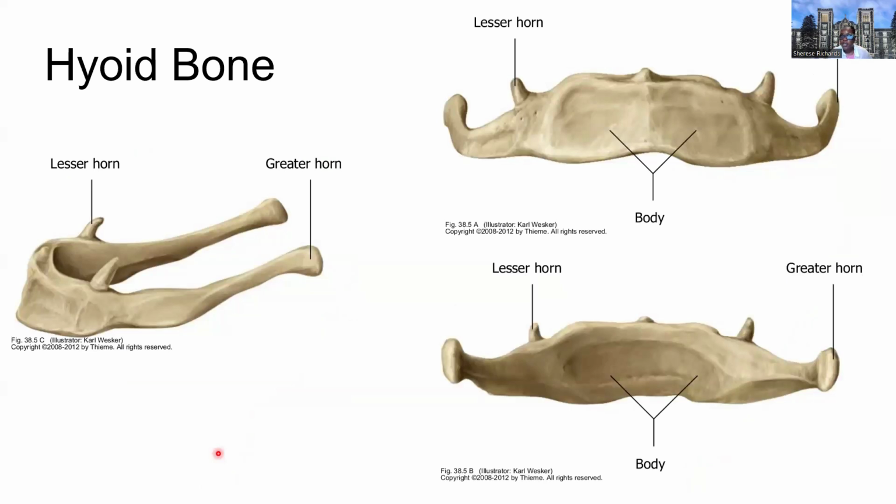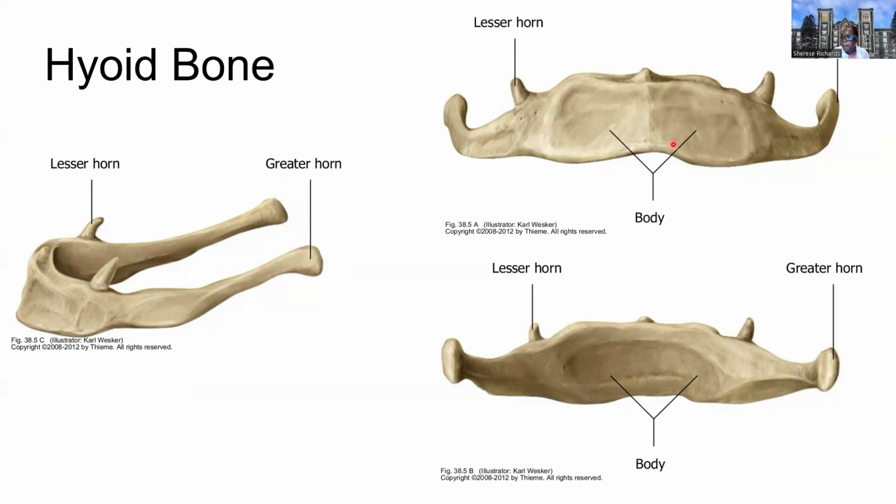Let's look at the hyoid bone. So the hyoid bone is really in the neck or thoracic region. One of the unique features is it does not articulate with any other bone. The function of the hyoid bone is to maintain the shape of the structures like the larynx and to keep the muscles of the neck region, the strap muscles, in place, muscles that are really important for production of voice, etc. Now, the hyoid bone has the lesser horn anteriorly and the greater horn posteriorly.